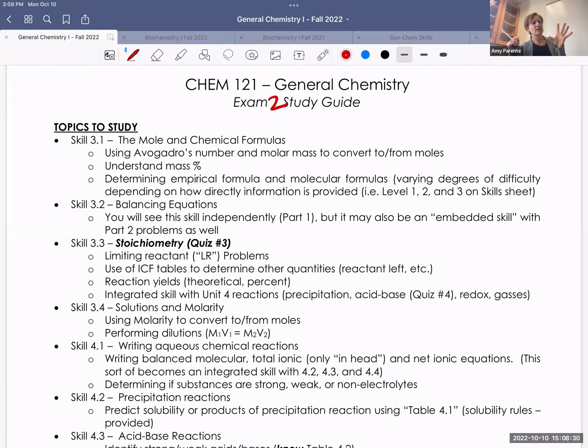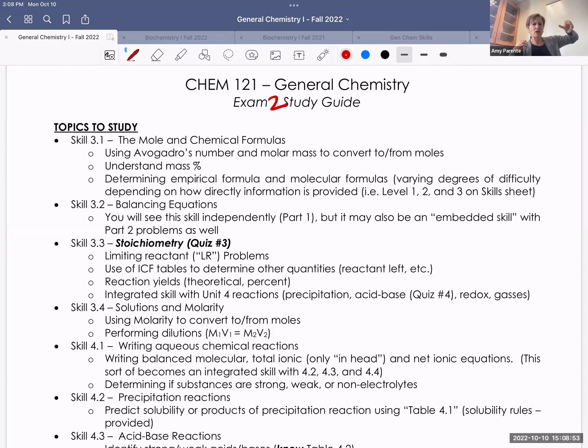So the big skill from learning unit 3 was stoichiometry. We leaned into that slowly by starting with talking about the mole and chemical formulas. So we learned about using Avogadro's number, molecular weight, and mass percent. And again, this is available up on Blackboard too.